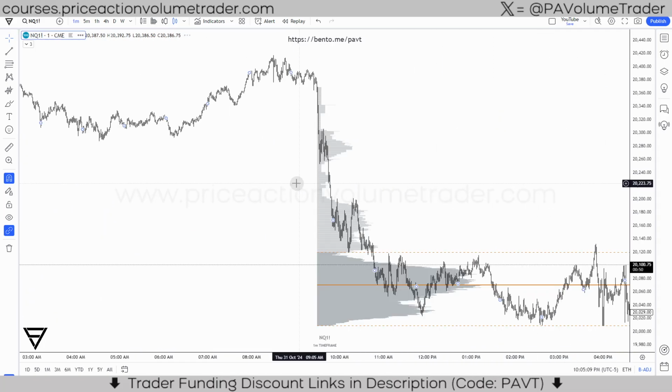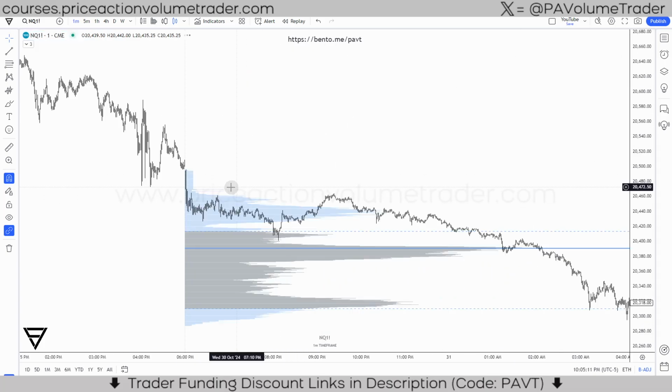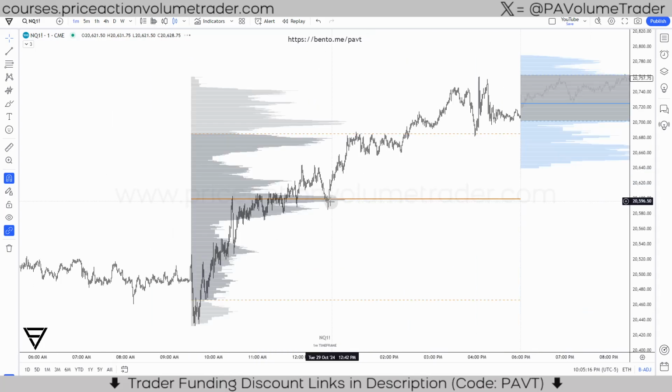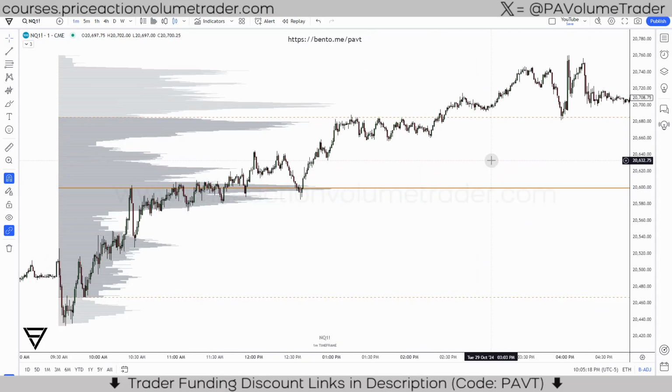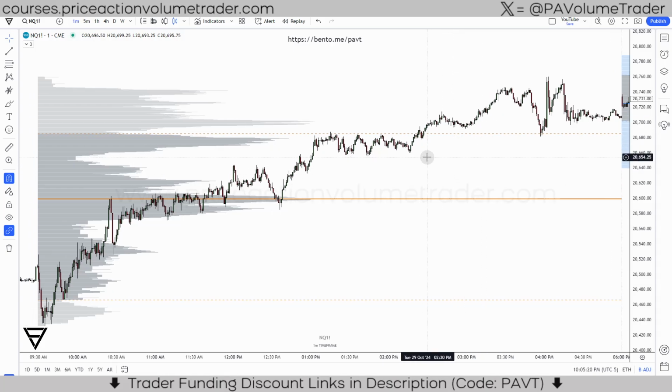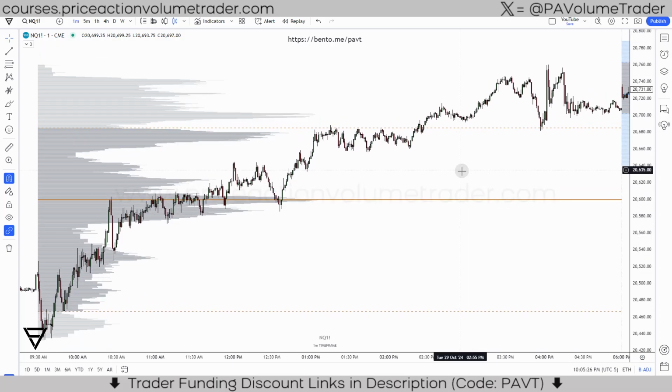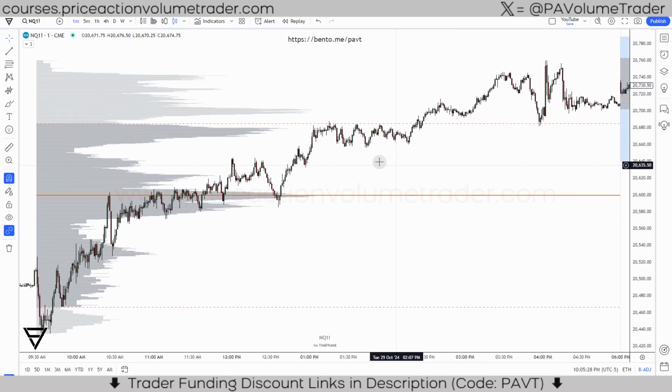So if we go back to this trending day, which was this one here, this is the same chart on a 1 minute. Then here is where I would look for bull or bear flag formations in order to look for breakouts.